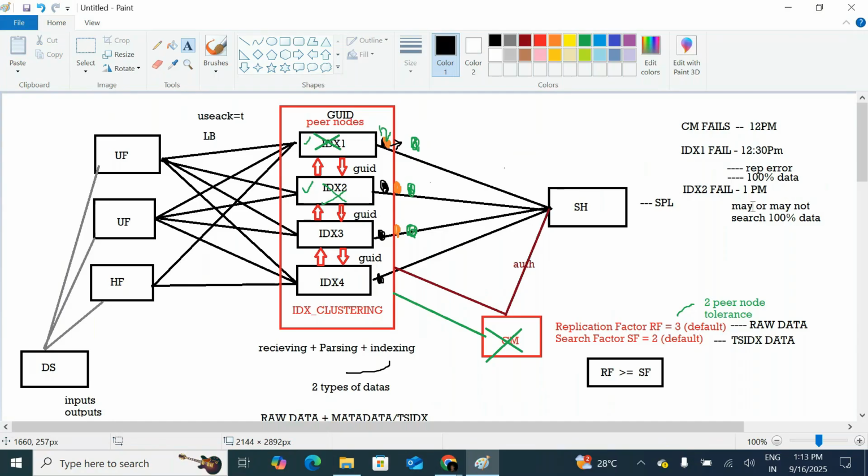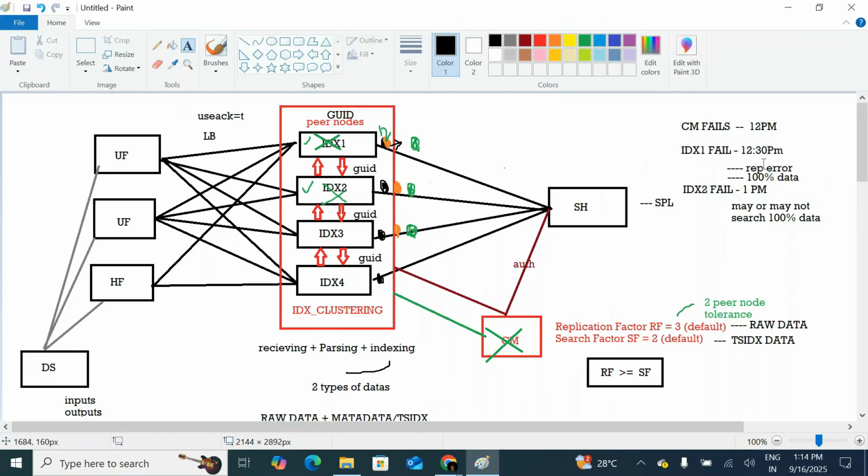Why? Because that also may or may not serve. For example, please observe very carefully, sir. At 12:30 indexer 1 failed, right? Replication error came, right? From 12:30 onwards, data is being received. Assume that the data is received by indexer 2 from 12:30 onwards.